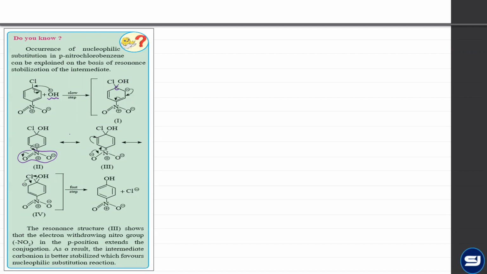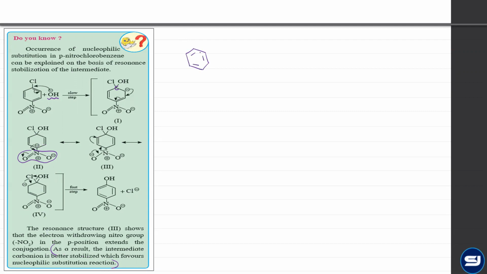It increases the speed of that reaction. So the nitro group at this position will increase the reactivity because the intermediate carbanion is stabilized, which favors the nucleophilic substitution reaction. So इस पूरे reaction का conclusion अब example से discuss करते हैं.